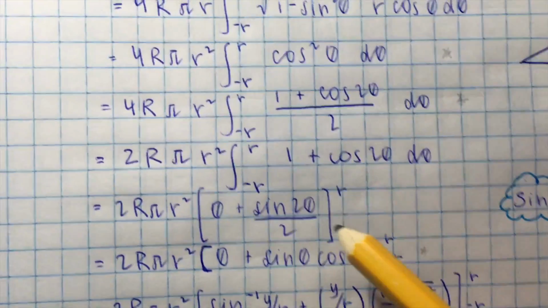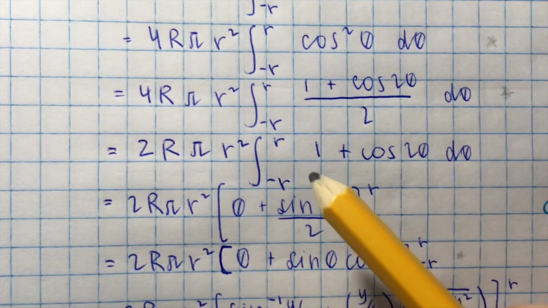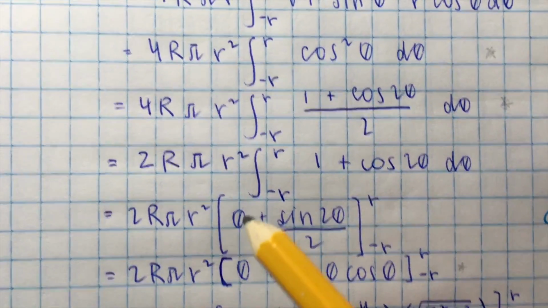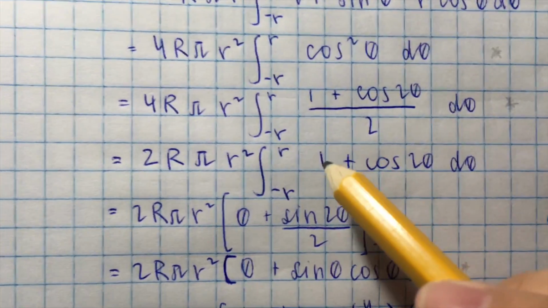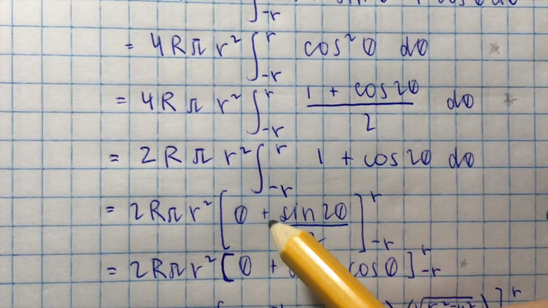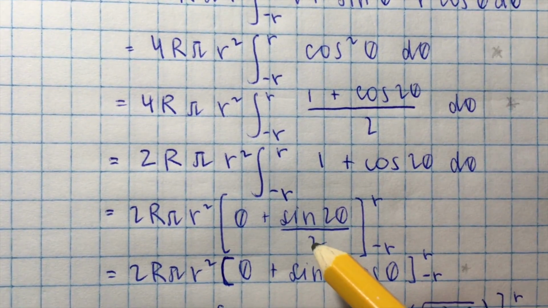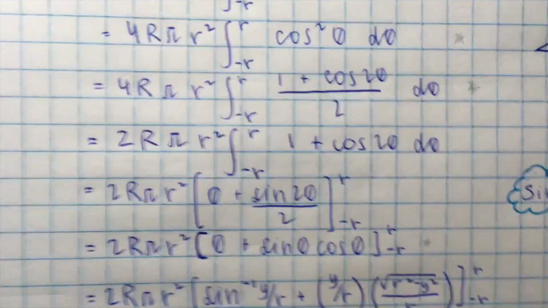And so now we can integrate this, so we're left with 2 big R pi r squared brackets theta, as the integral of 1 is theta, plus sine of 2 theta over 2 from negative r to r.